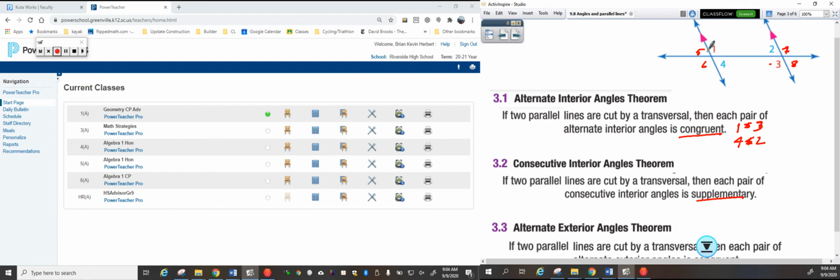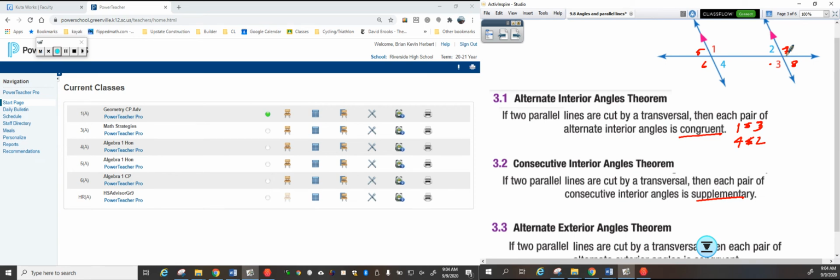Alternate exterior angles are congruent. So 5 and 8 are congruent. 6 and 7 are congruent. Consecutive exterior angles means that they're on the exterior of the parallel lines, but they're one after the other. So this comes right before this. So 5 and 7 are consecutive exterior. 6 and 8 are consecutive exterior.